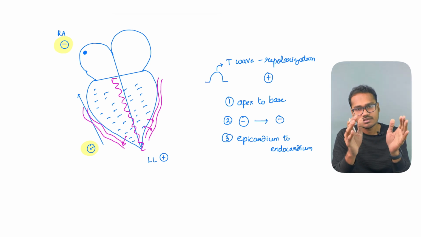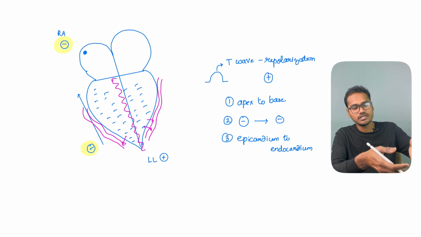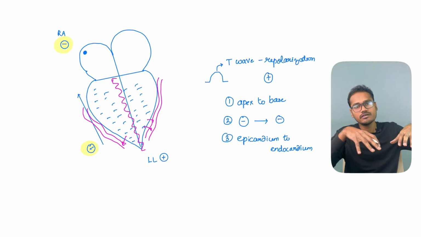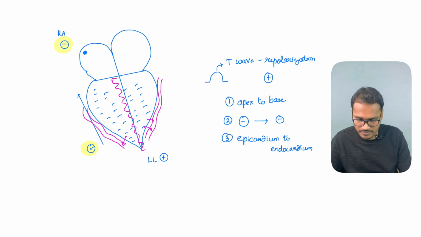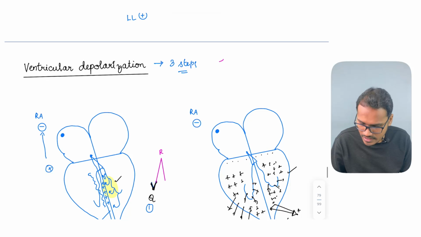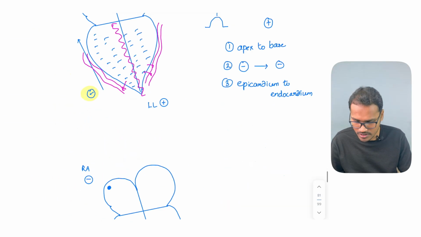It is because the supply of blood is available on the outside predominantly that repolarization starts from outside and moves inside. Whereas the Purkinje fibers fire from inside, from the endocardium to the epicardium. So the depolarization happens from endocardium to epicardium, whereas here it is happening from epicardium to the endocardium.